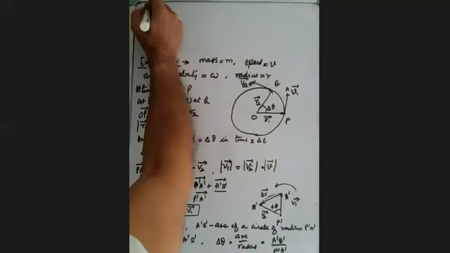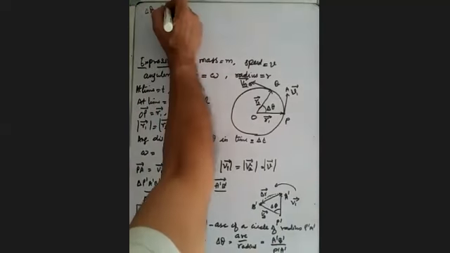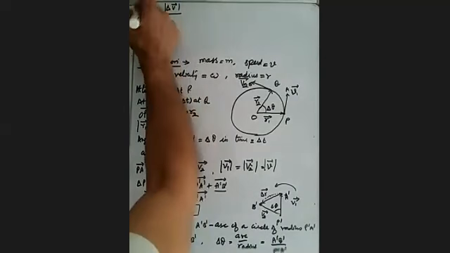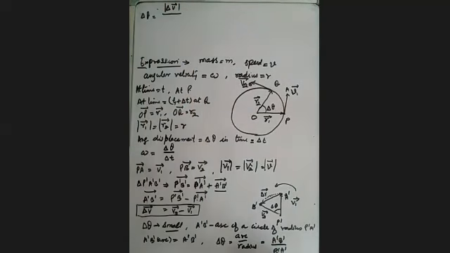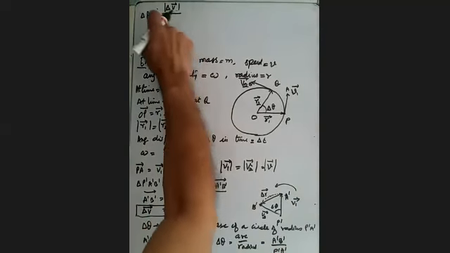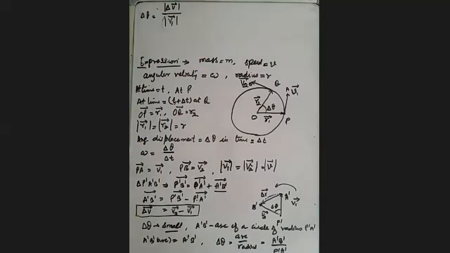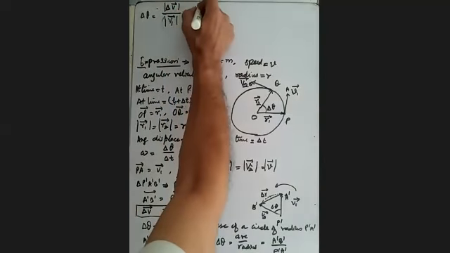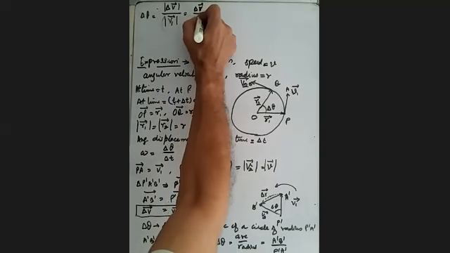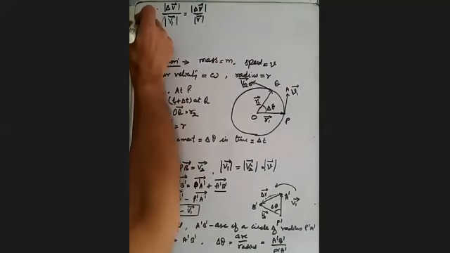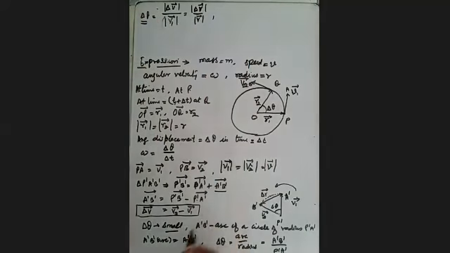So delta theta will be equal to A'B', which is the magnitude of delta v, upon P'B', which is the v1 vector and its magnitude, and this v1 is the same as v. So this is the same as delta v upon v, because v1 is equal to v2 is equal to v. Now what is delta theta from the previous result?